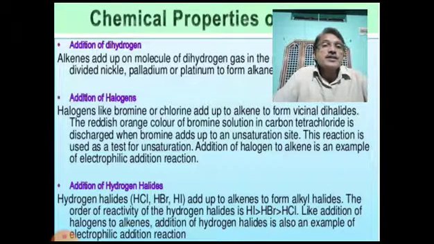This reaction is used as a test for unsaturation. Addition of halogen to alkene is an example of electrophilic addition reaction. We can take an example, addition of bromine to ethene: C2H4 plus Br2 gives C2H4Br2, that is 1,2-dibromoethane.